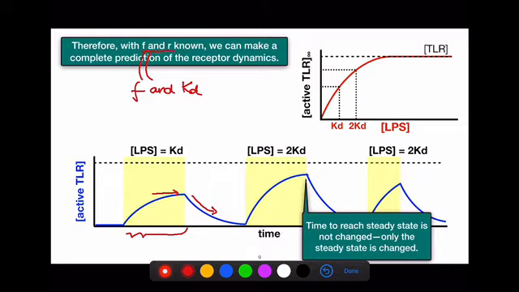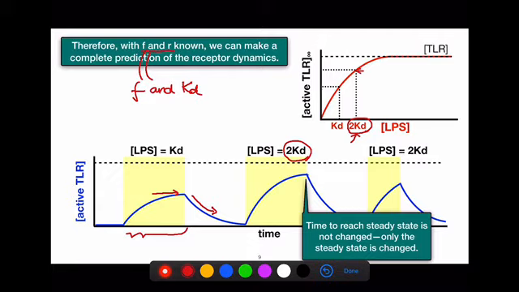But then if you give 2 times the concentration of KD, it doesn't saturate all the way to total TLR concentration, because as you can see in this graph, if 2 times KD is given, it still doesn't reach the maximal concentration.